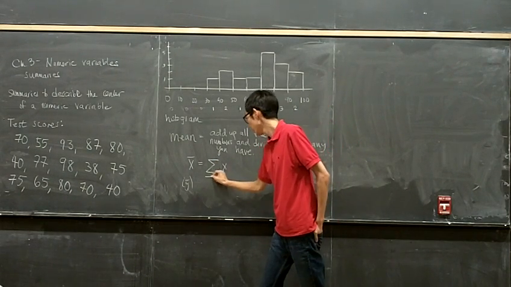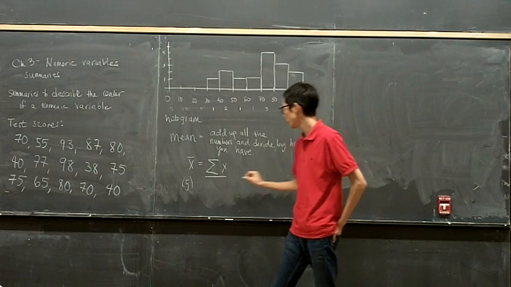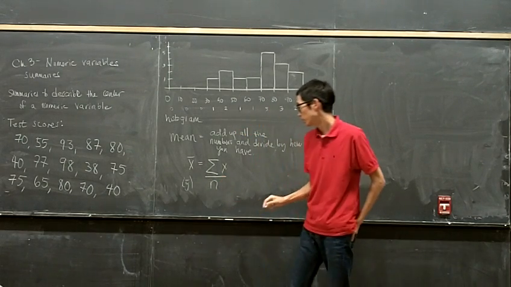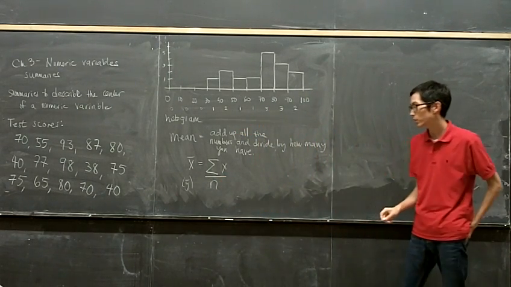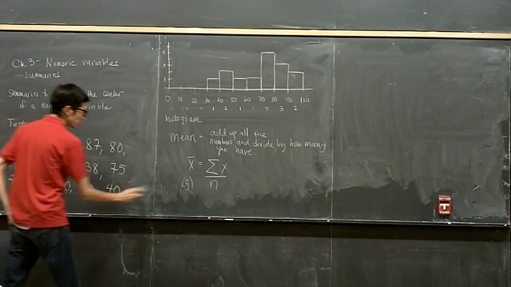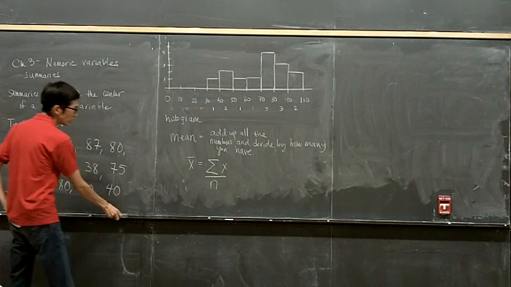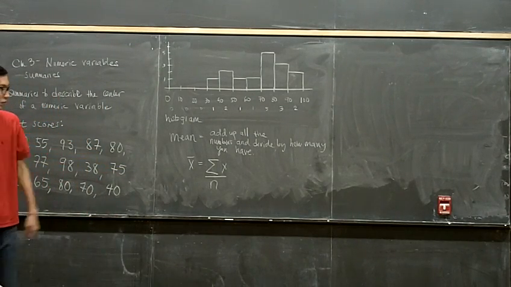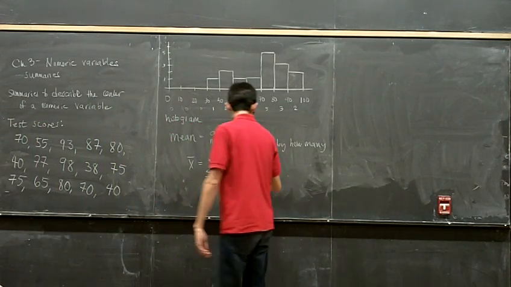And then to show that we divide by how many we have, we make it a fraction and we say divided by n. So x bar is another way of saying the mean, and we say sum of x over n.